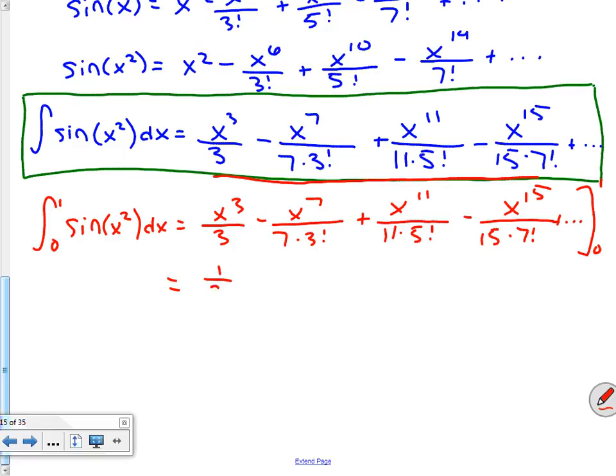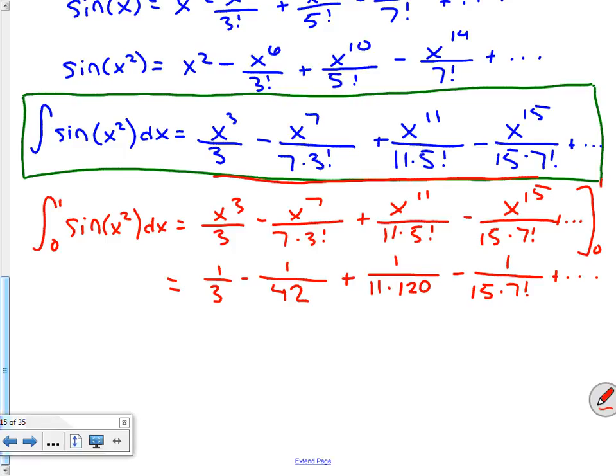So the first one will be 1/3 minus 1 over, remember 3 factorial is 6, so this is 1 over 42. Then 1 divided by 11 times, and 5 factorial is 120. Minus 1 over 15 times 7 factorial, and so on and so forth.